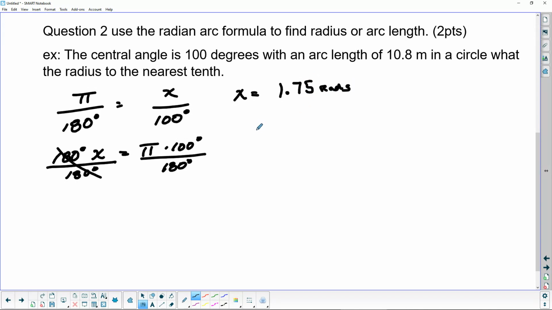Okay, and then we have the arc length. So we know that our formula is this. We're going to plug in our arc length at 10.8. We're going to plug in our radians at 1.75.